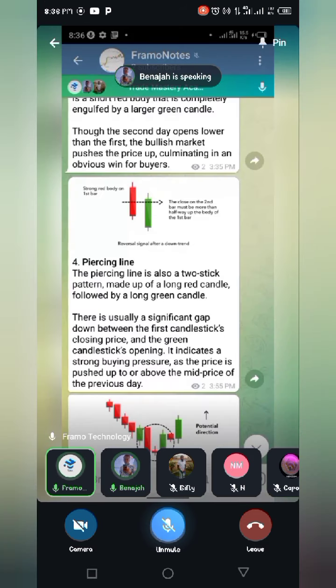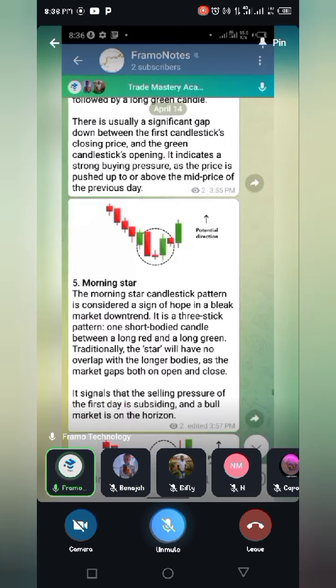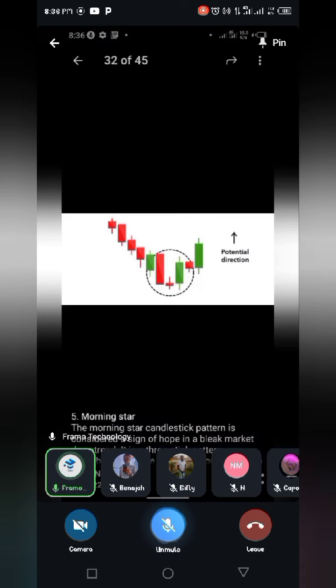Then we went to the fifth one, which is the Morningstar. The Morningstar involves three candles. Because it is bullish, it always comes at the bottom of a downward trend. We will see first a large red, followed by a small red, and then a larger green will come.